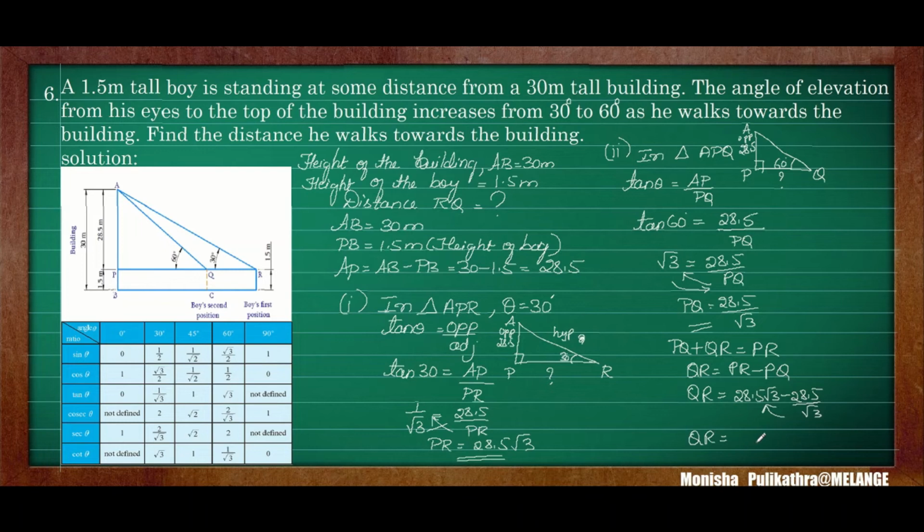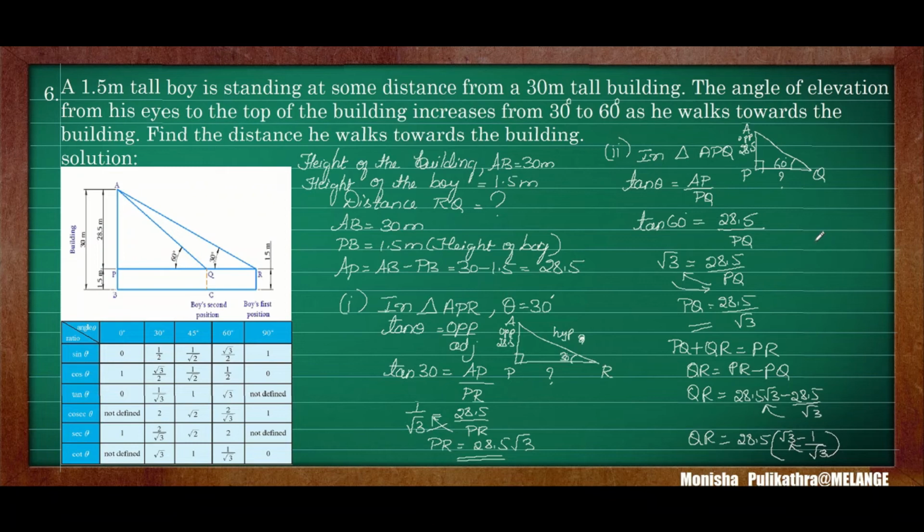Here 28.5 is common in both terms. So if I take 28.5 common, the remaining will be root 3 minus 1 by root 3.